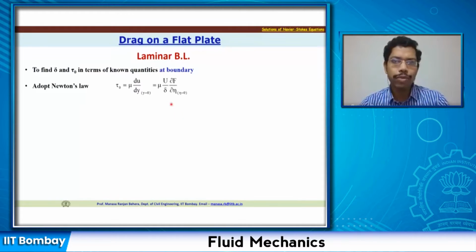Now if you substitute the value of du by dy, you can write mu U by delta dou f by dou eta. F is the function, dou f by dou eta, and here again we are substituting y by delta, so eta is also going to be equal to 0 at the boundary.